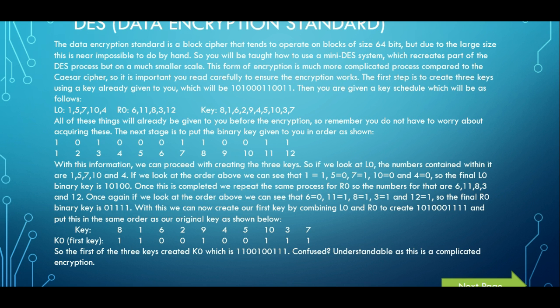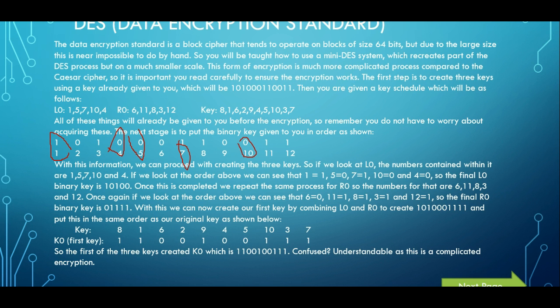So we look at these numbers and look at our binary key in order. 1 equals 1, 5 equals 0, 7 equals 1, 10 equals 0, and 4 equals 0. So this gives us 10100. This is our L0 binary key.